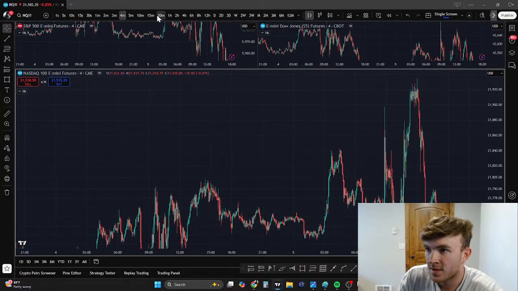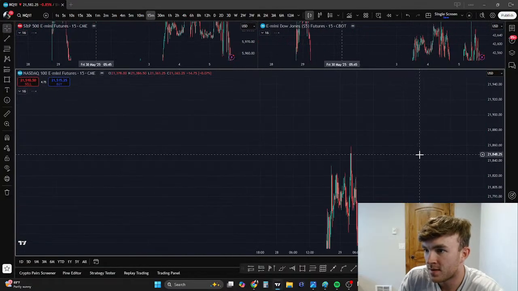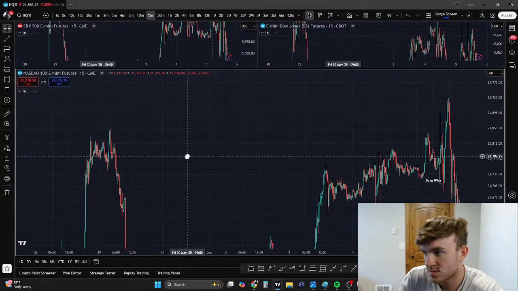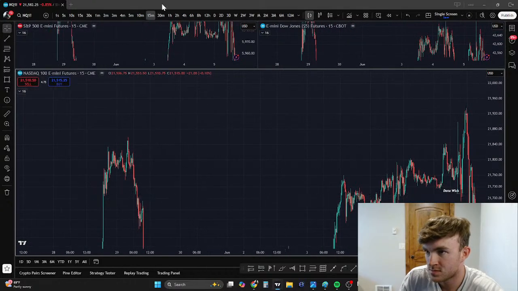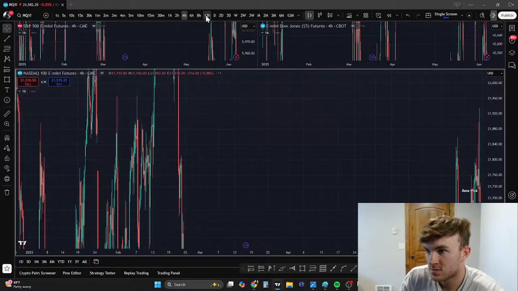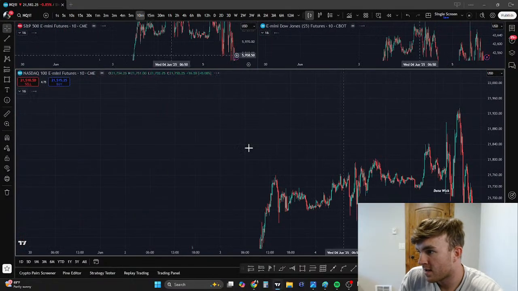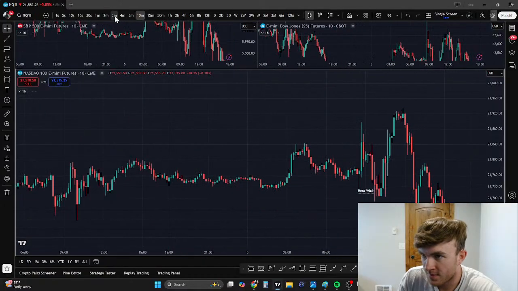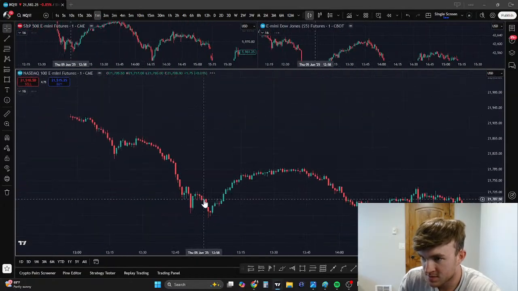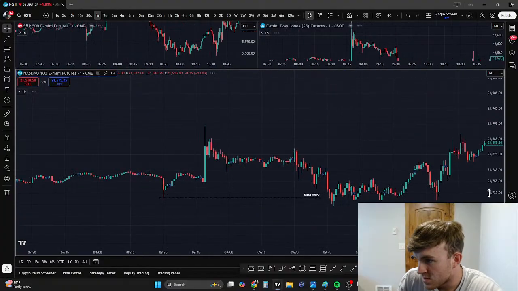Let's go ahead and see if there was like a fair value gap here. Okay, nothing super obvious. Let's go back. Let's just simply look for inversions here. Let's not overcomplicate. Is there any inversions?